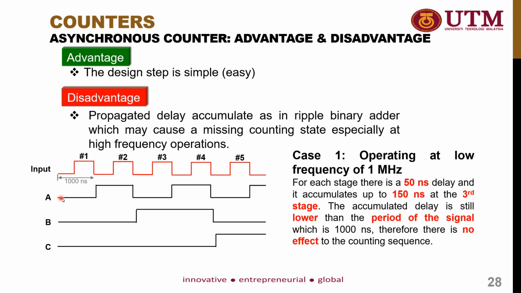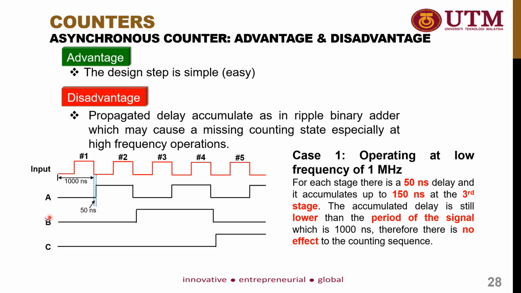Let's say the period of the clock is 1000 nanoseconds, and when we convert it, we get 1 megahertz. At the first stage of output, we have a 50 nanosecond delay.